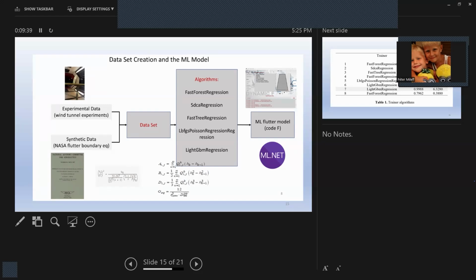And then, as I stated earlier, a second problem is the algorithm selection. In this case, we were interested in regression algorithms, because in some other problems they have shown very good results for the value recognition problem. In this particular problem, we have investigated quite a few: fast forest, SDCA, fast tree, LBFGS, and LightGBM regression.